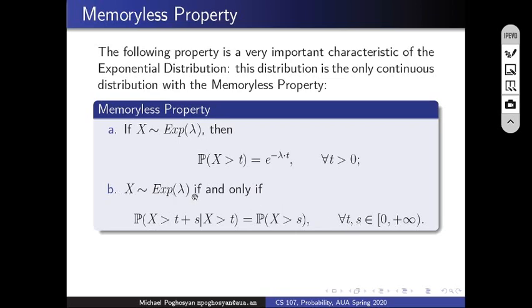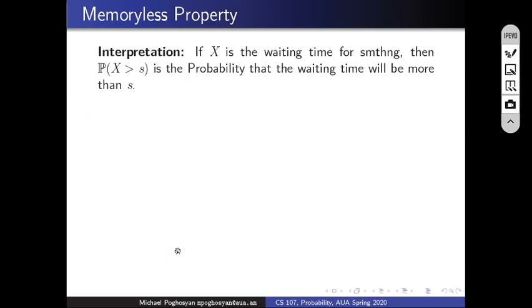So X is exponential lambda if and only if the conditional probability that X is larger than t plus s, given that X is larger than t, is the probability that X is larger than s. So we can cancel, in some sense, these t's, and I will give now an interpretation for this. I'm not proving that, you can prove that easily.